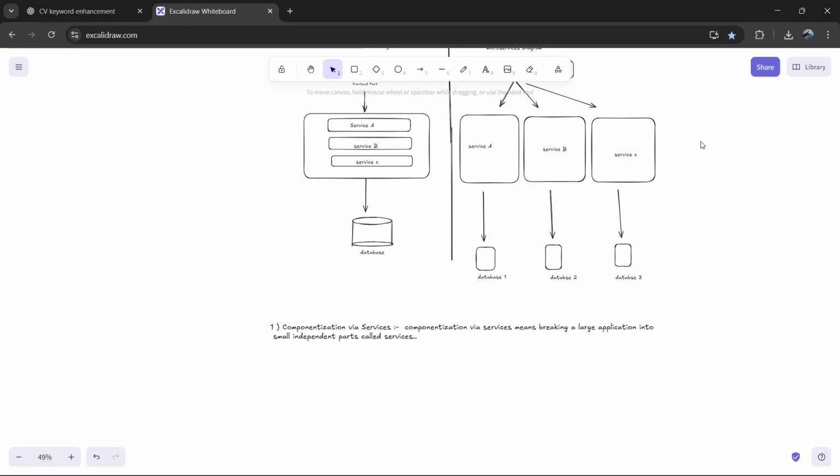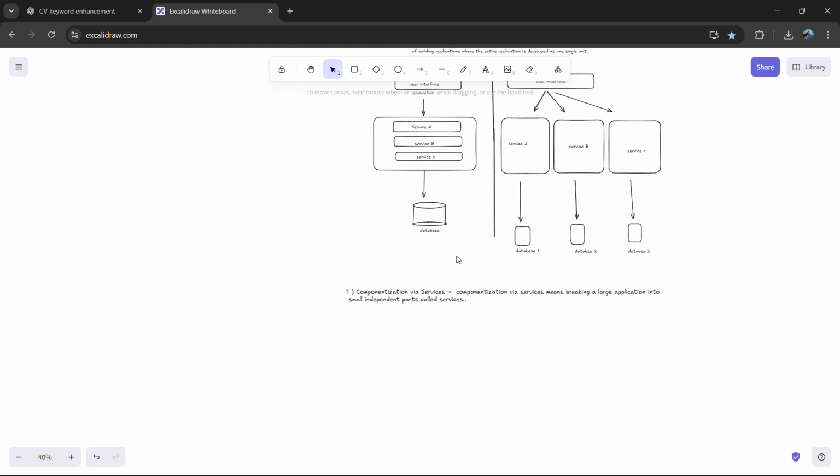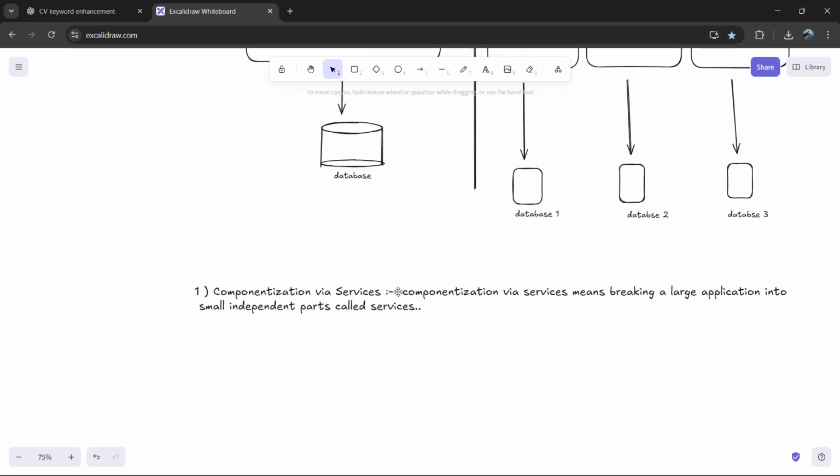The advantage of this approach is that if one service fails, the other services can still continue to run. So the main big advantage of componentization is that if one service fails, then the other services will work properly.